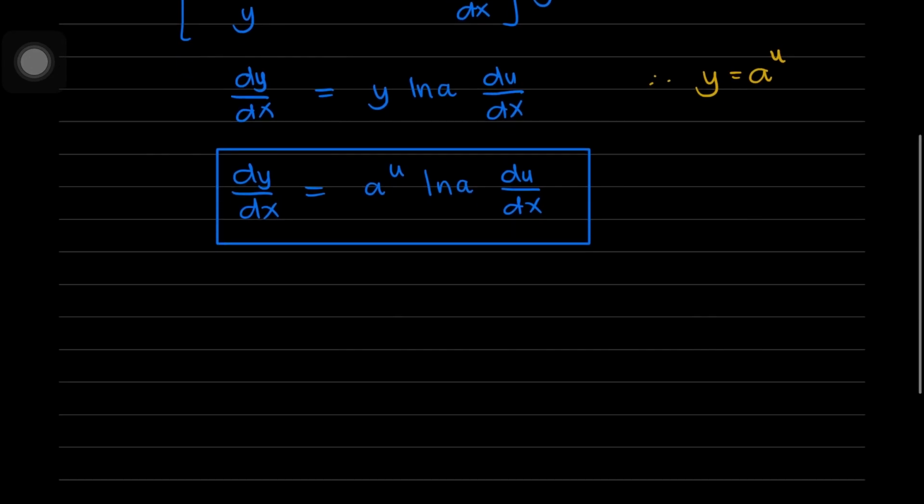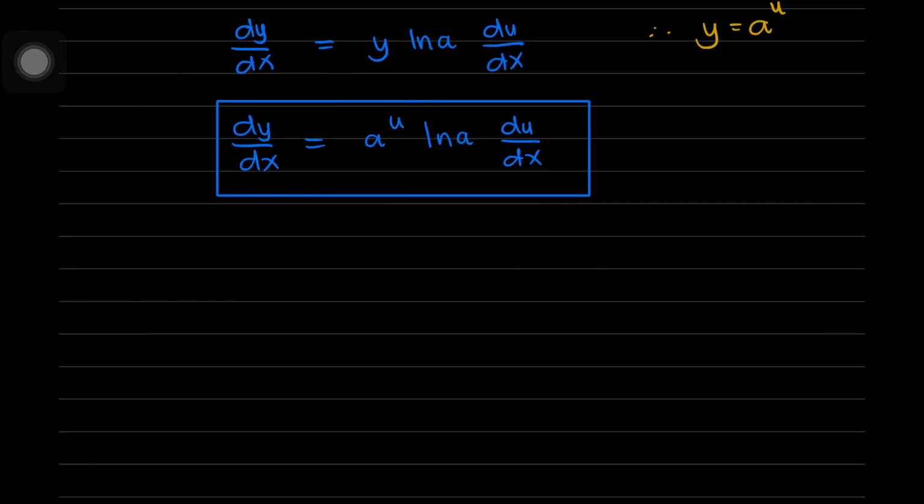Now, let's take for example the exponential function e raised to u. Here, we have a constant raised to a variable, so we can use this formula. Say y equals e raised to u.